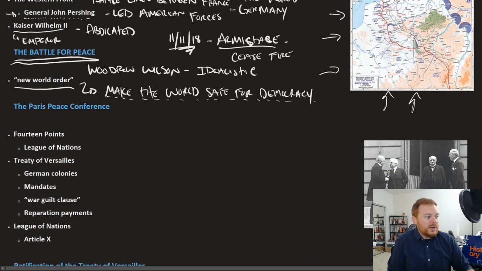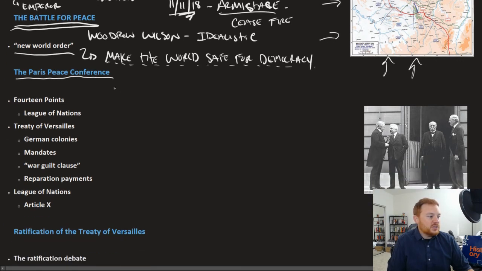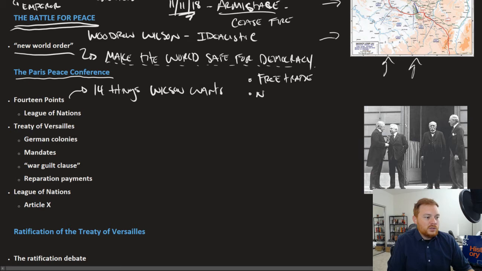Wilson goes to the Paris Peace Conference, which is where the victor nations will hash out what will happen after the war. And he brings his 14 points, which is 14 things Wilson wants. Among them are things like free trade, which would benefit the Americans, and no alliances.